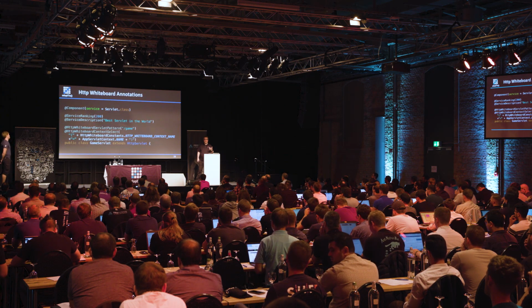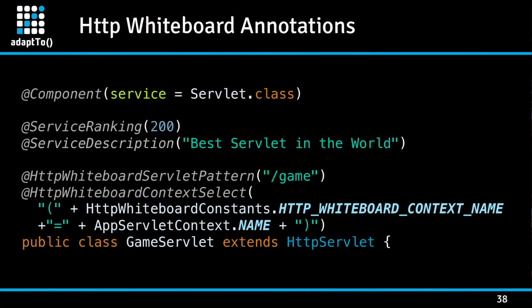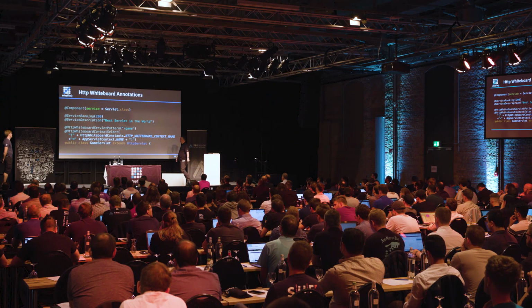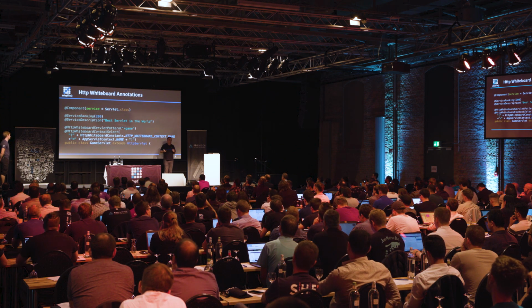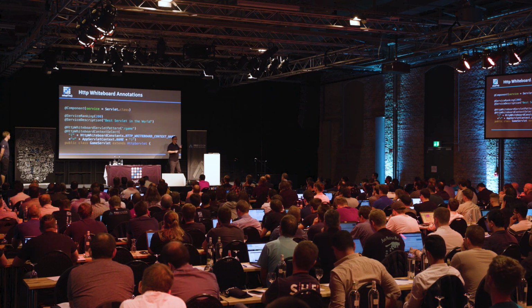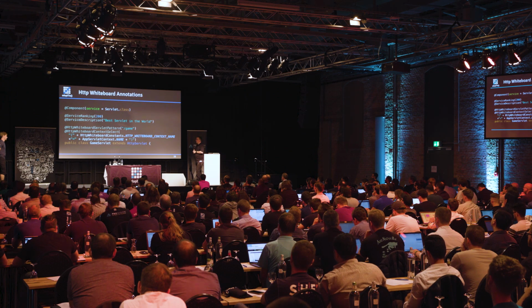Just to show you again these new annotations, these component property types. We came up with various of these annotations for the HTTP whiteboard, like those over here. I guess this is only interesting for people who already used the HTTP whiteboard before. If you did so, you had to write these lengthy property statements there. They look really ugly.